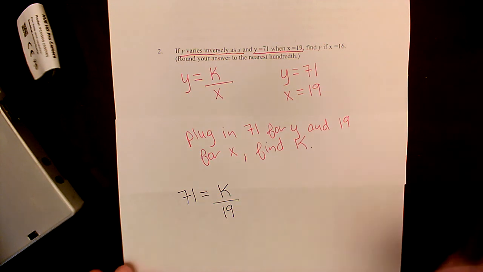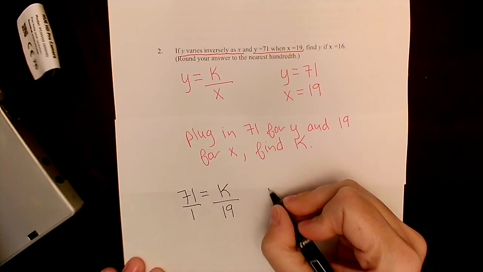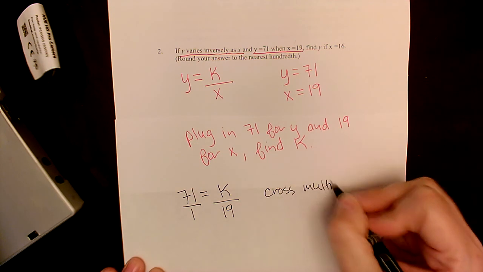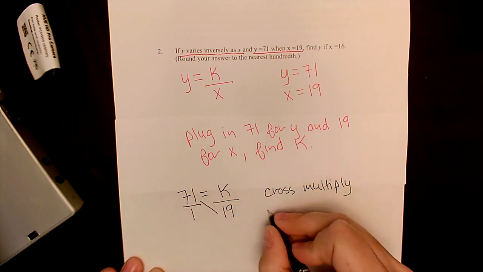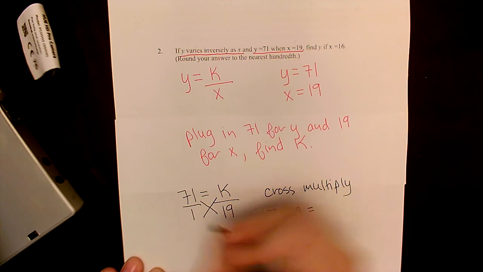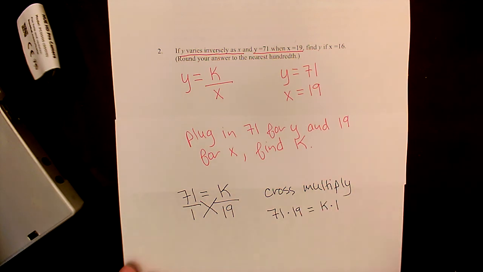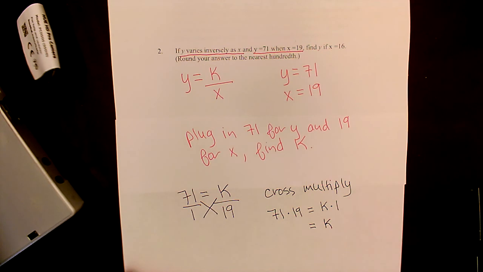Now, what I like to do is put a 1 underneath there, and I like to cross multiply because it's easy for me. So I'm going to take 71 times 19 equals K times 1, and K times 1 is just K.